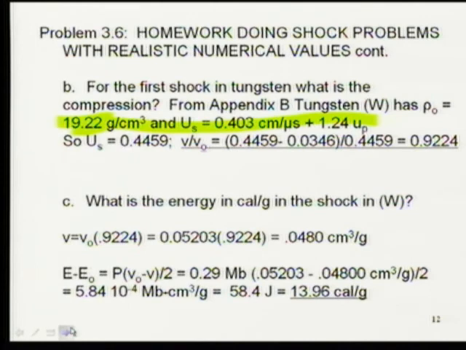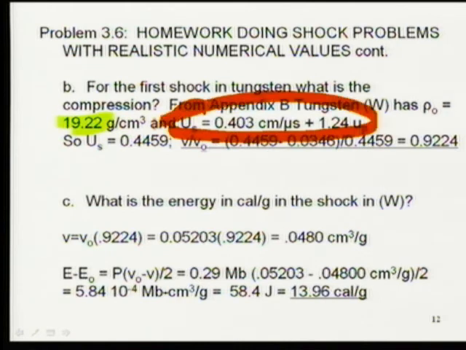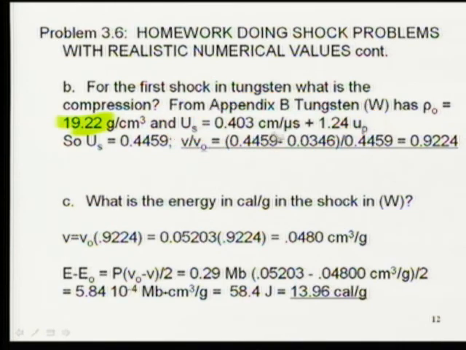So you just substitute it into this equation, because you have Up, that's what is on the graph. So it's really just simply solving a linear equation, and that answer is 0.4459 centimeters per microsecond. And then for the compression, that was one of the homework problems.